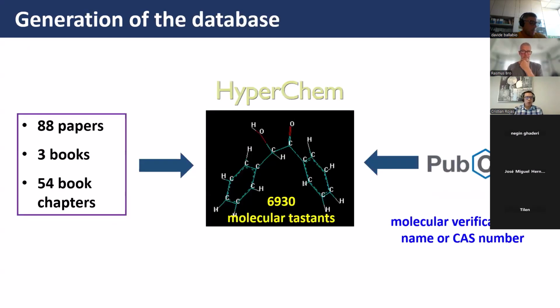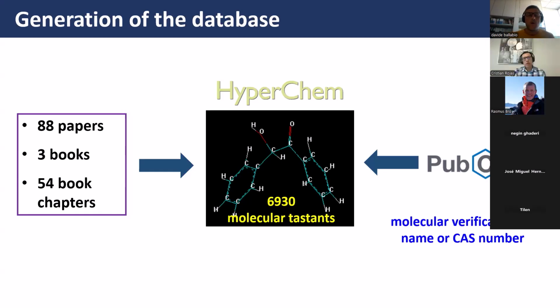For the generation of the database, we started by using the information available in 88 papers, 3 books, and 54 book chapters. Using all these references, a total of 6,930 compounds were retrieved.